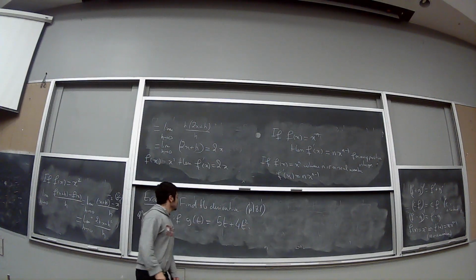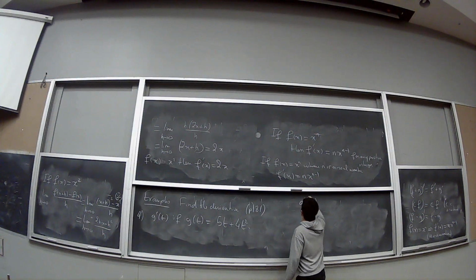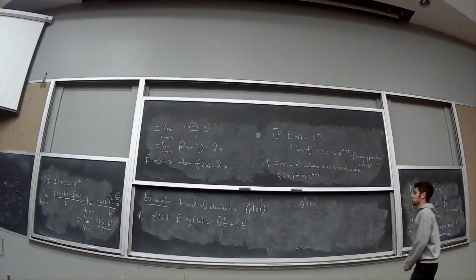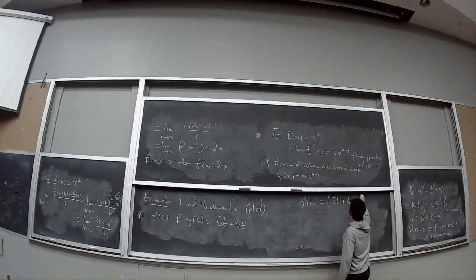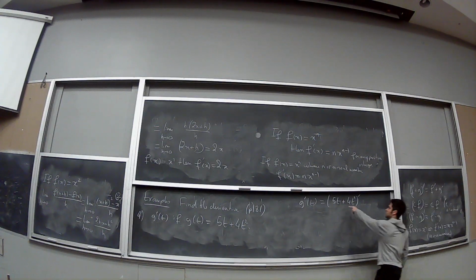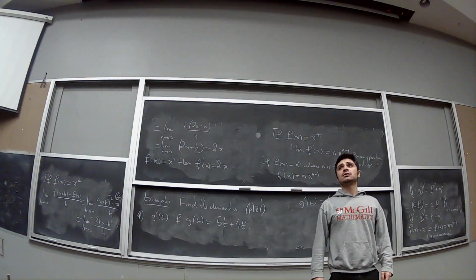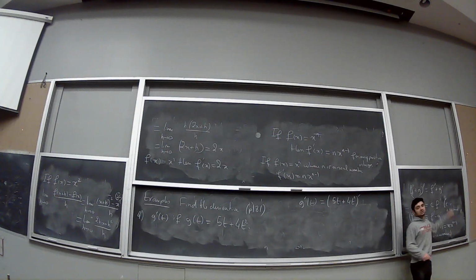So g of t is a sum of two functions, right? Everybody, do we agree? g of t is a sum of two functions. So g prime of t is just (5t plus 4t squared) prime. Now, what do I know about the derivative of a sum of two functions? It's the sum of the derivatives. You guys see this? (f plus g) prime is equal to f prime plus g prime.